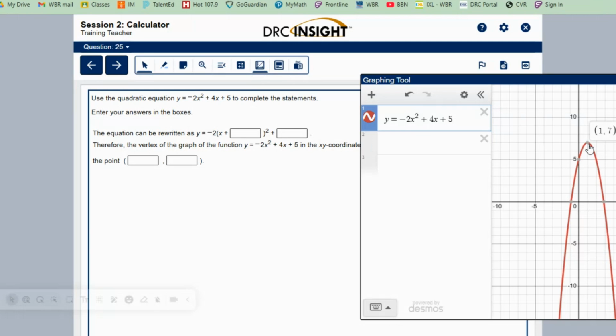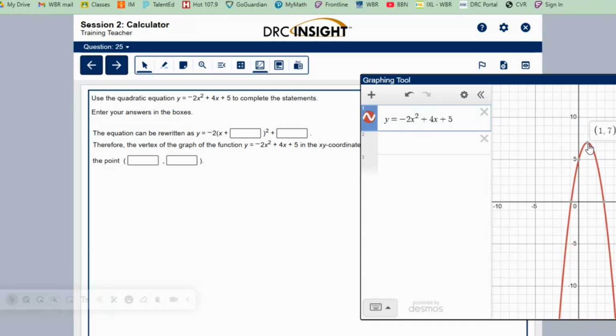Hopefully you remember vertex form. We did write this on the board earlier, but if you need to write it down again, you can. Vertex form, remember, was when it's the x minus h in parentheses squared plus the k. We talked about how the h value is your x shift, the k is your y shift.